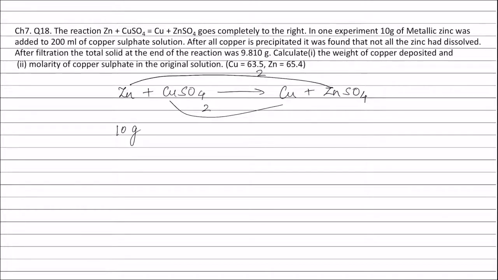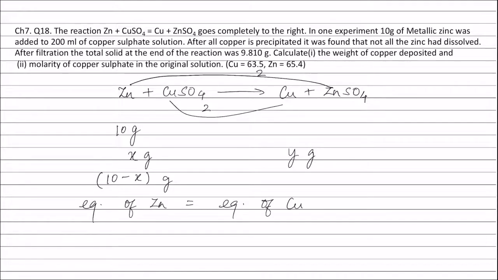Now, let the weight of zinc which reacted with copper sulfate be x gram and weight of copper deposited be y gram. The weight of zinc which is left at the end of the reaction is 10 minus x gram. Now equivalents of zinc will be equal to equivalents of copper.